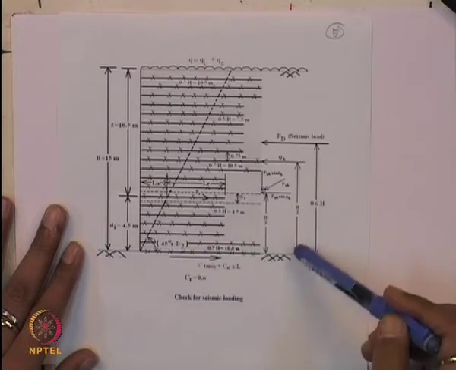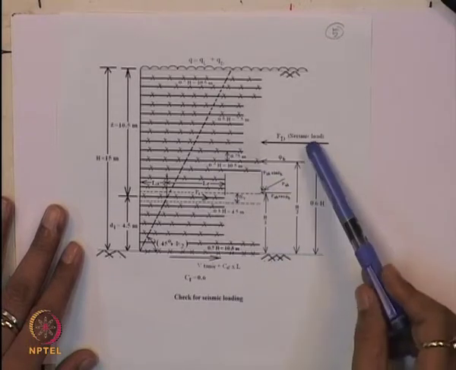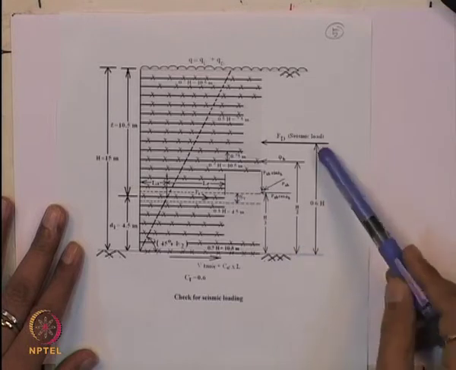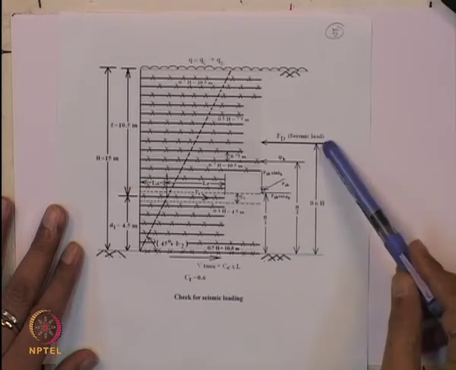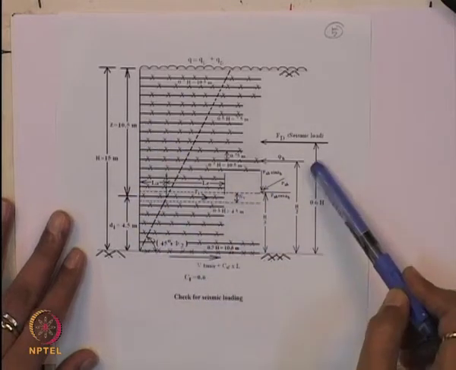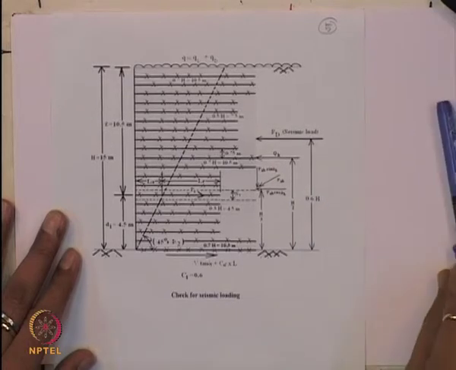And in case of seismic, this force will be acting at 2/3 or 0.6 times the height of the wall. So, we have to consider this in the design.